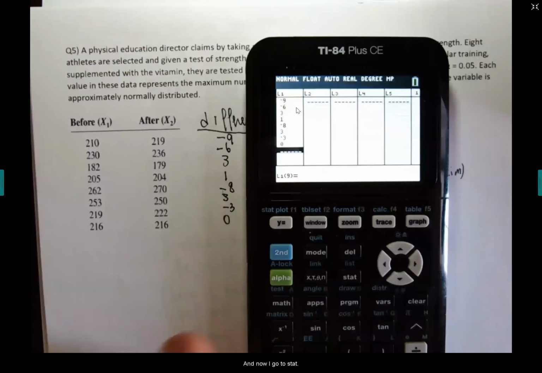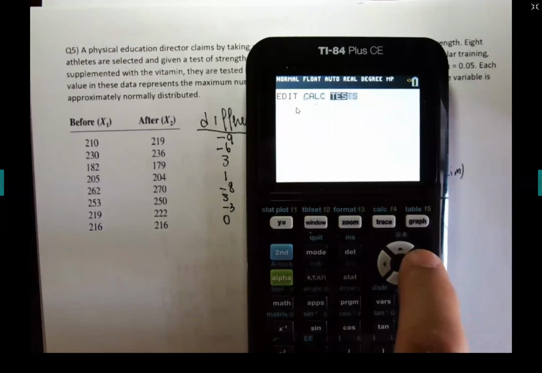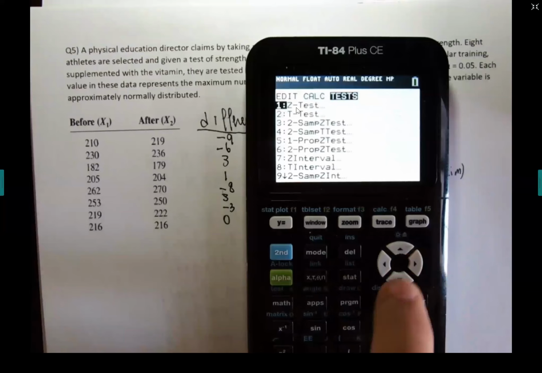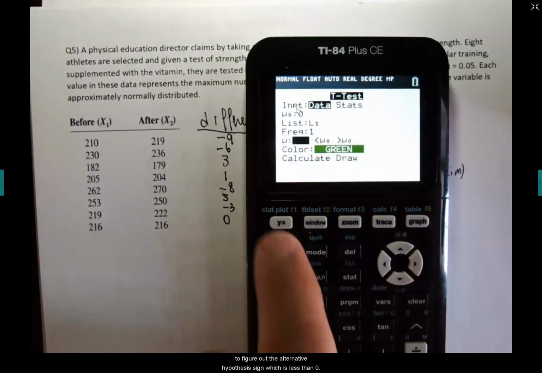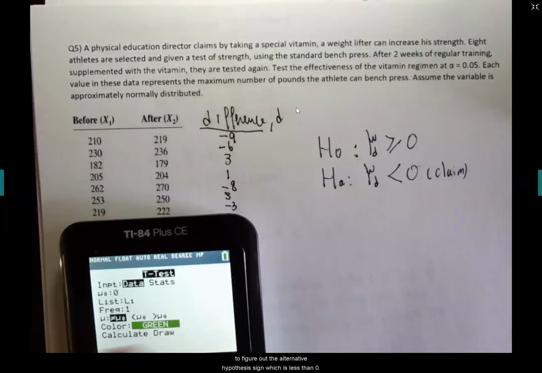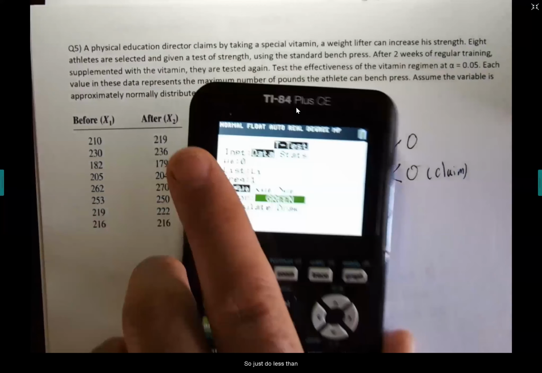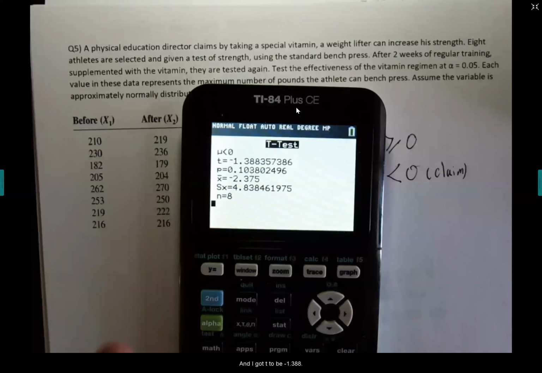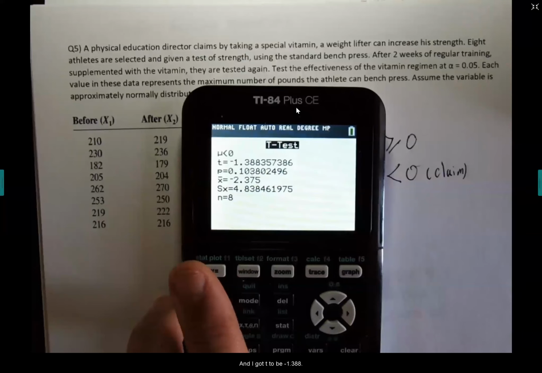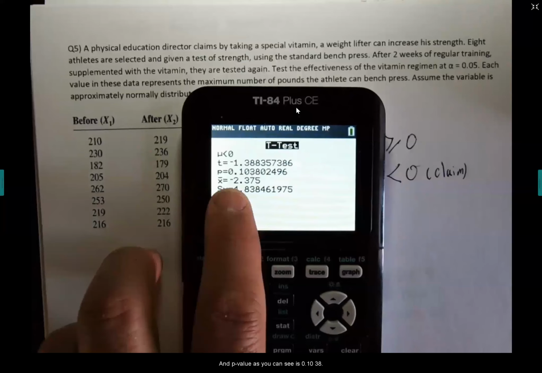And now I go to stat, tests, t-test, data, against 0 always. L1, I put my data in L1. All you need, guys, is to figure out the alternative hypothesis sign, which is less than 0. So just do less than. And I got t to be negative 1.388. And p-value, as you can see, guys, 0.1038.